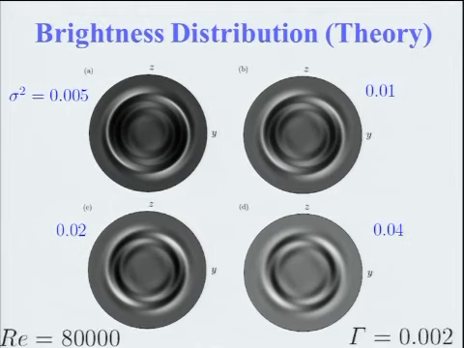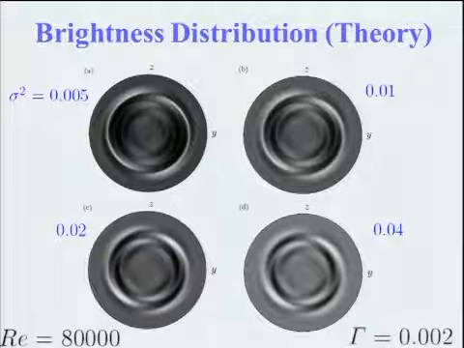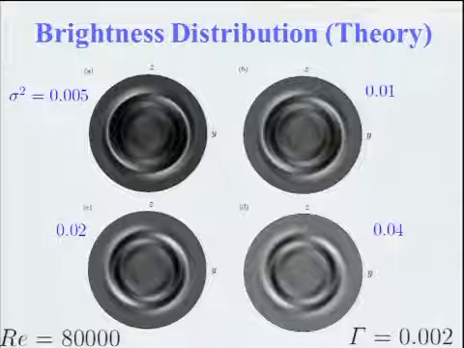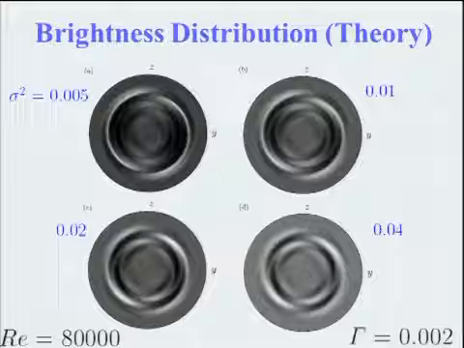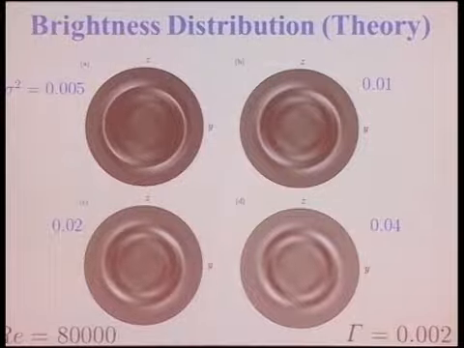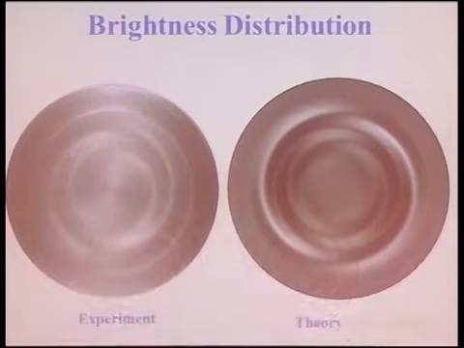Of course, when the diffusion coefficient is smaller, the bright region is sharp. If diffusion is stronger, it is wide. And we compared this with the experiment to see which is closer. This is close. So we chose this 0.01.